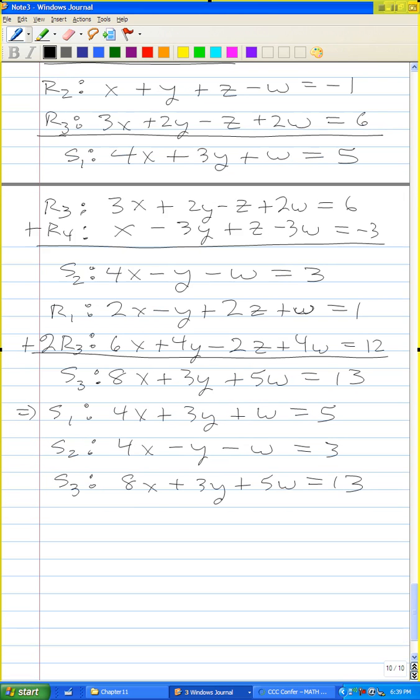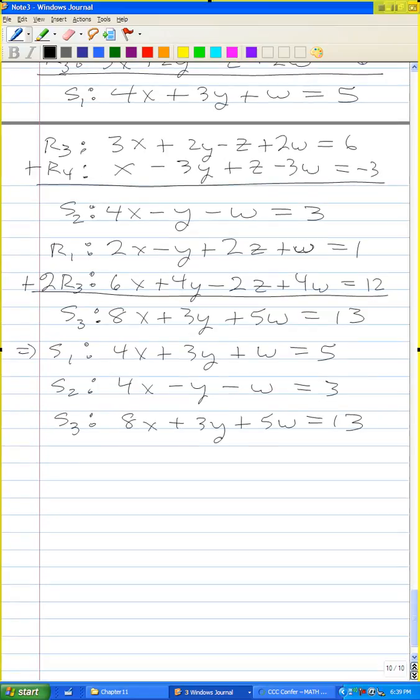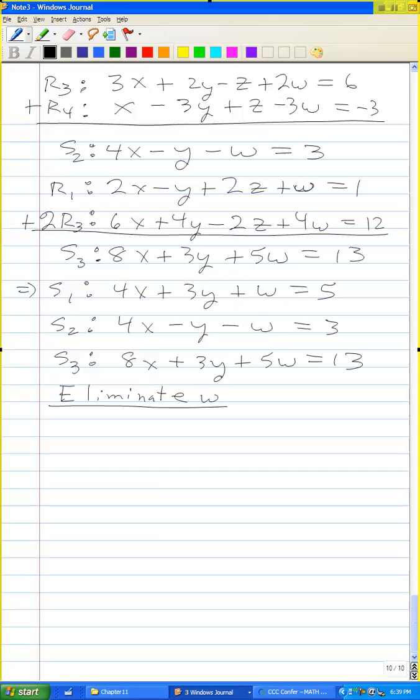Okay, so I guess I will eliminate w, because that looks pretty easy. Yeah, the w's. So I'll eliminate w. Okay, so let me do that. So S1, 4x plus 3y plus w is 5.